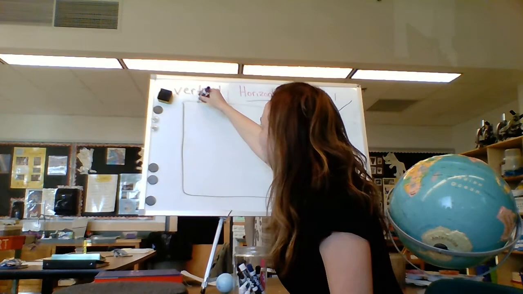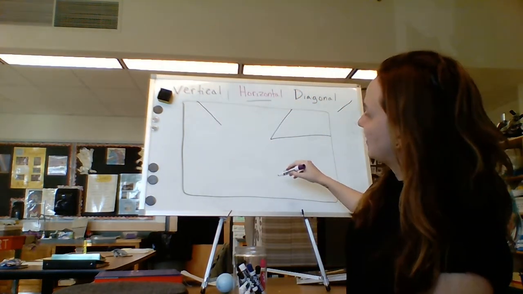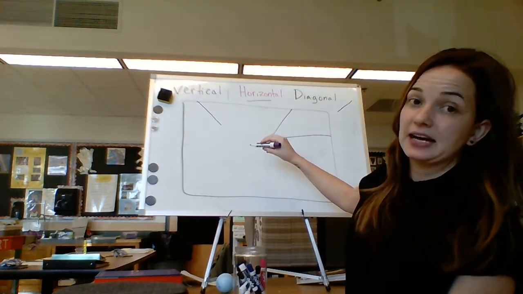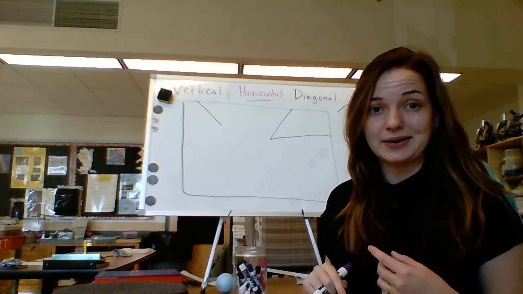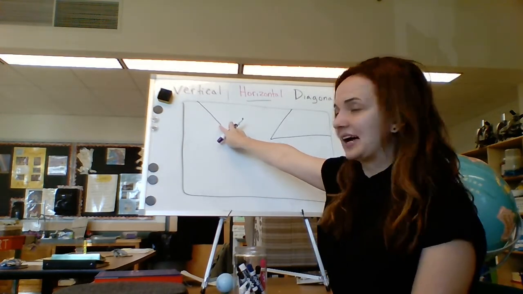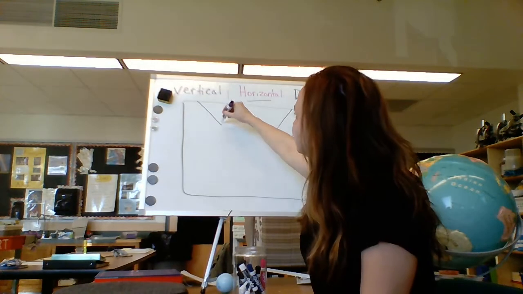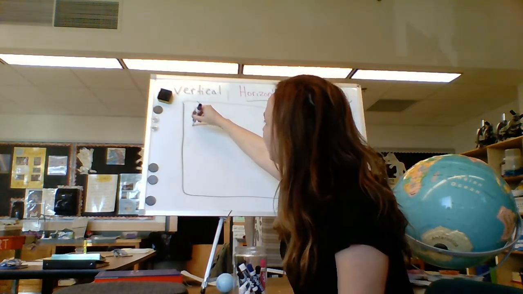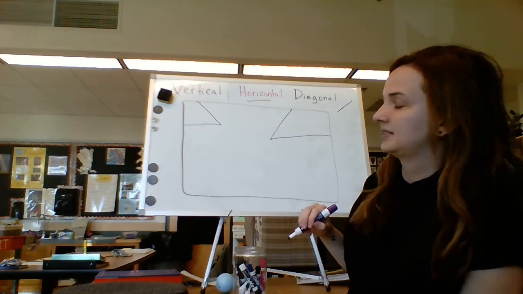I'm going to draw a diagonal line, that line that's going across and down the paper. Make sure that you're saying these vocab words with me as you go, okay? That is a diagonal line. And then I'm going to do a horizontal line going back across.